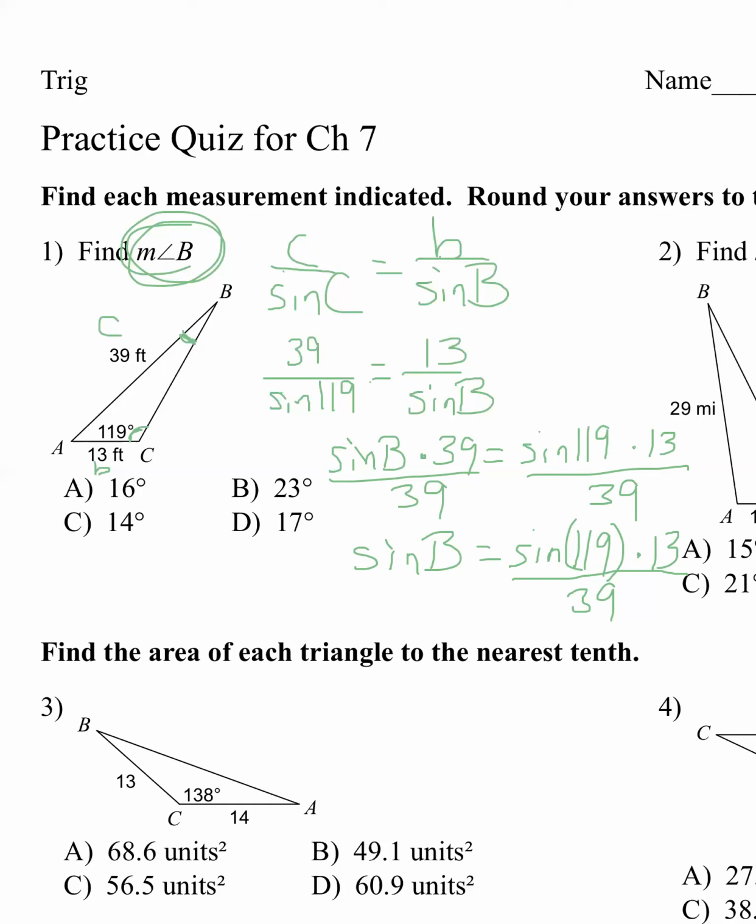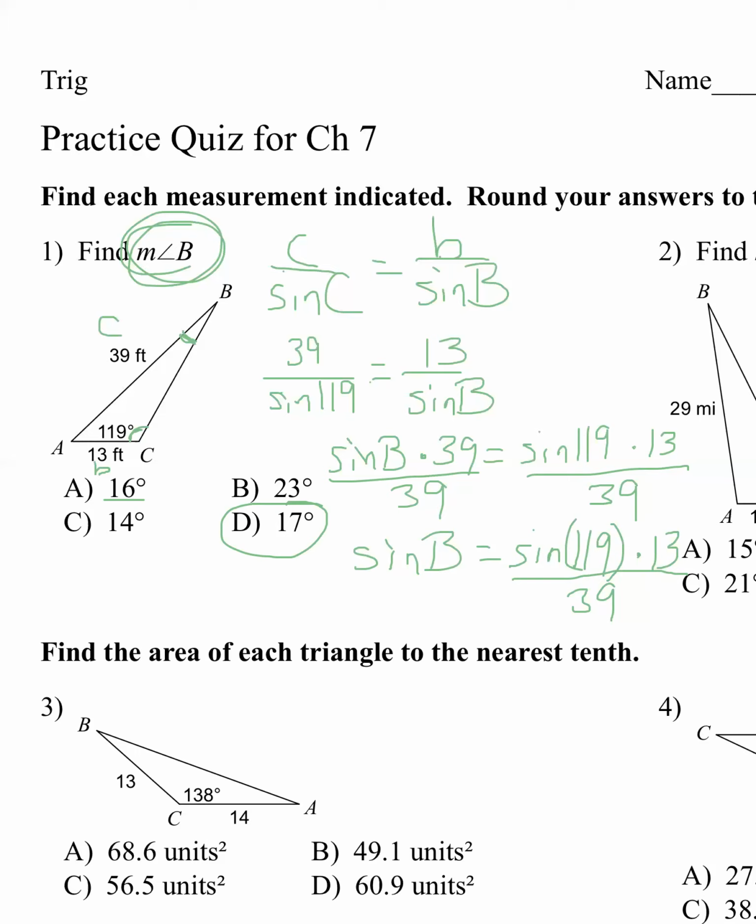It spit out 16.95. If we are rounding to the nearest whole, that's going to be 17. I'm surprised they gave you 16 and 17 since it's so close, but it's definitely around 16.95, so we're definitely going with 17. That one should be choice D.